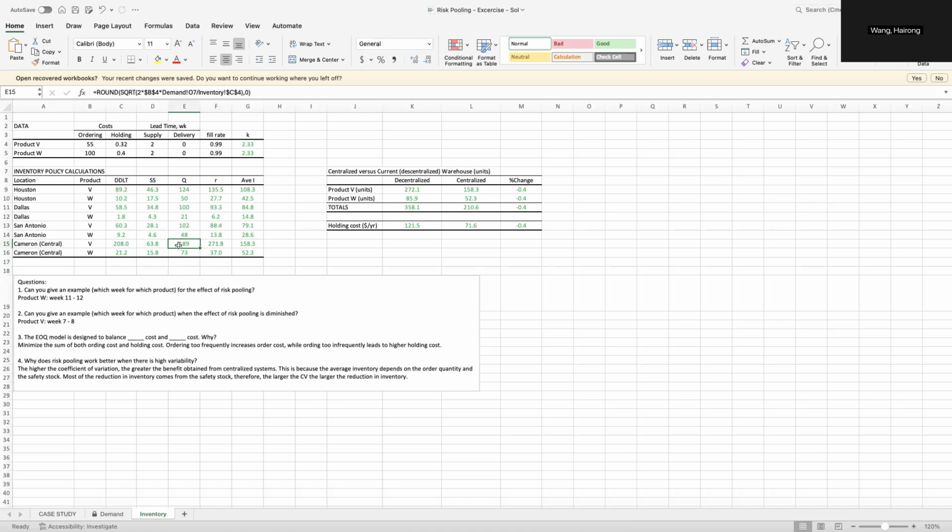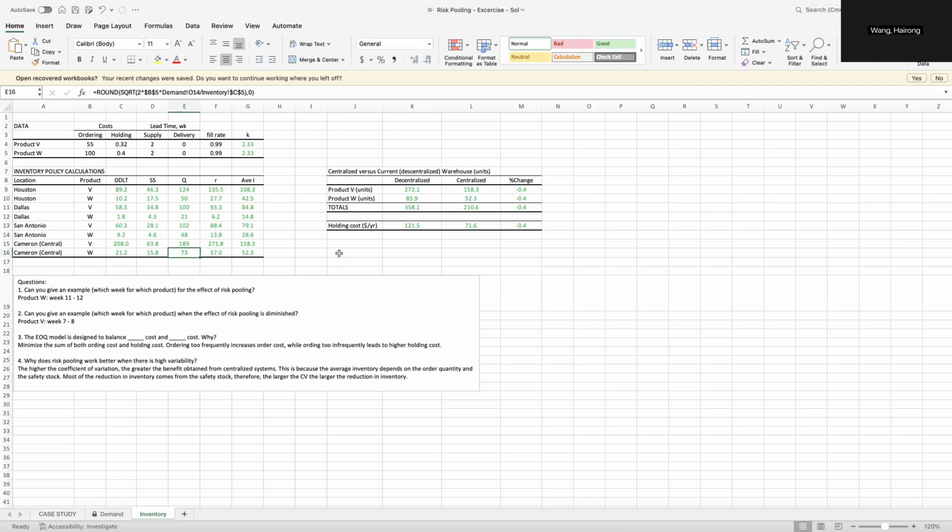And I want to point out that the central distribution center is also designed for different types of products. So for Q here, for product V and for product W, we are using different holding costs and different ordering costs, right?